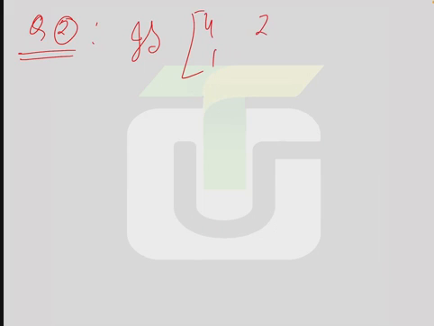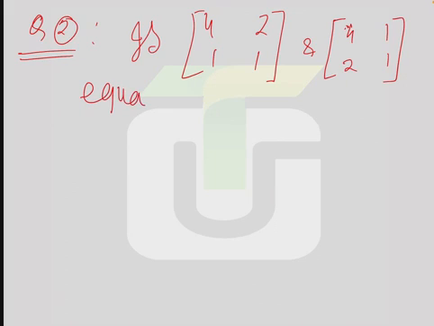Okay, so now see, question number 2: are these two matrices, 4 2 1 1 and 4 1 2 1, equal, right? Is it?